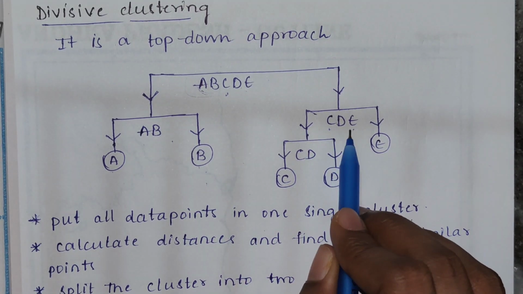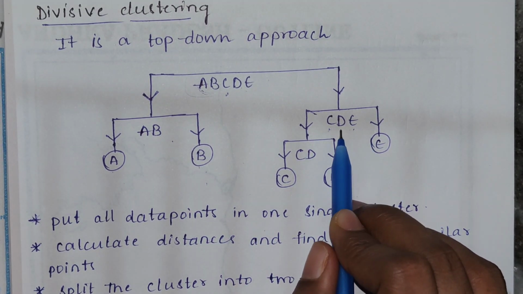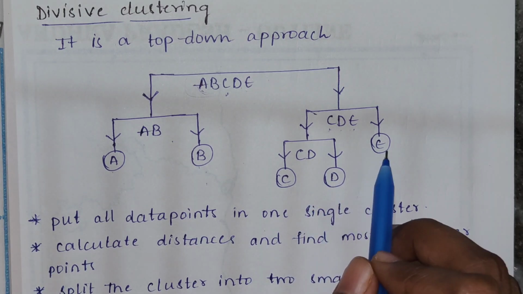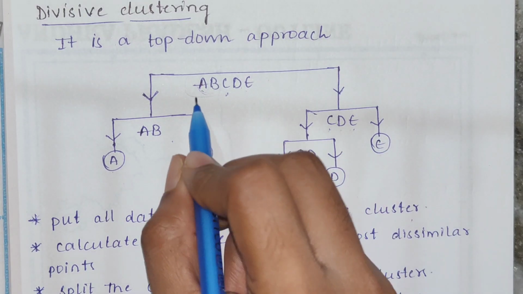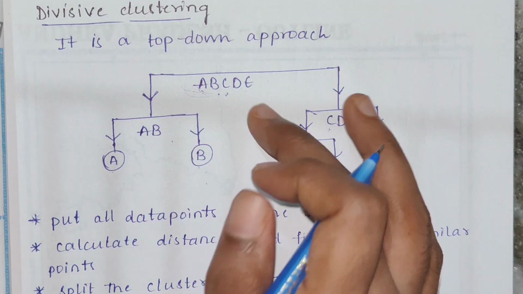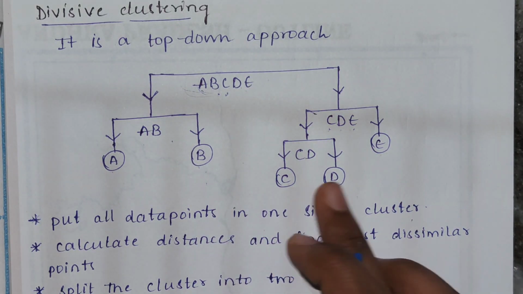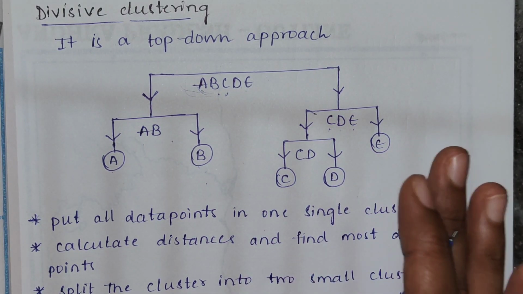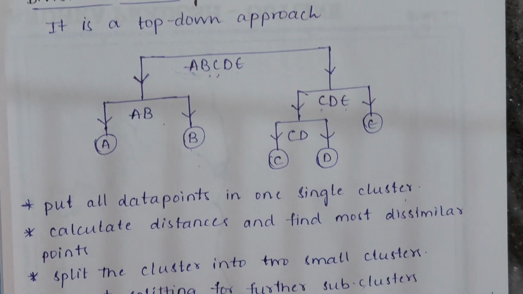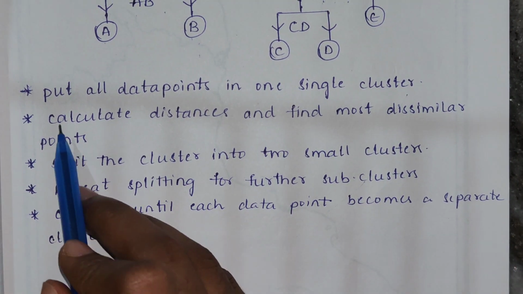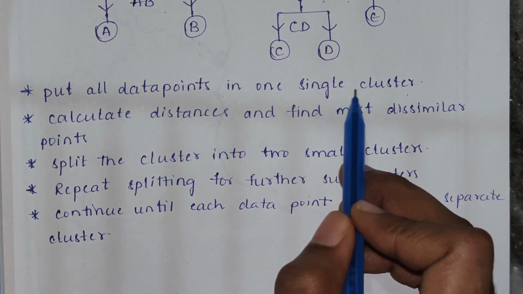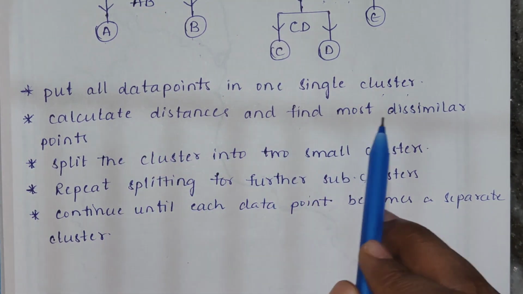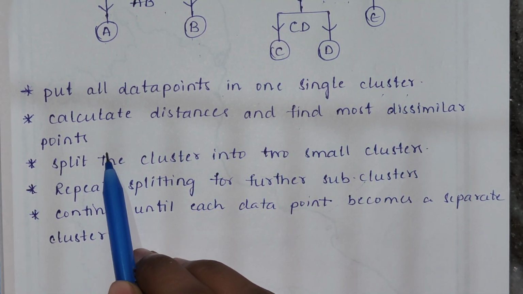Similarly C, D, E: here we have divided into C, D and E, and we have further divided C and D but not E. Understood? Here one cluster is split until we reach single data points. This is about divisive clustering. Now let us see how it works. First of all, we put all data points into one single cluster, and we calculate distances and find the most dissimilar points.